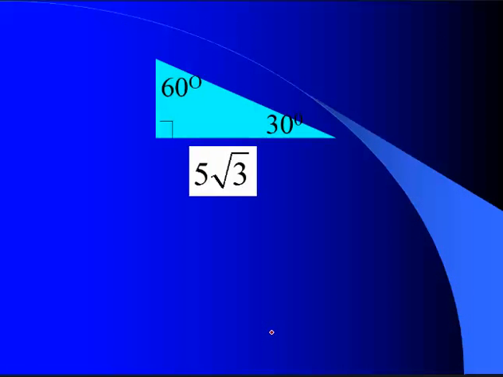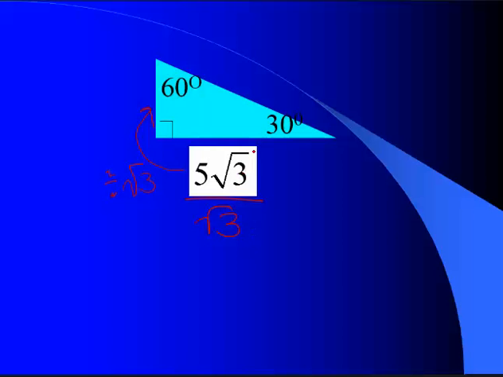Last one. Okay, this triangle is oriented a little differently. Is this the short side or the long side or the hypotenuse? It's the long side. How do I get from long to short? Divide. What am I going to divide by? Square root 3. So I'm just taking this and dividing it by the square root of 3.